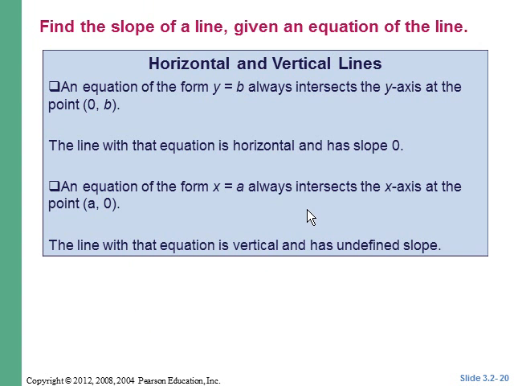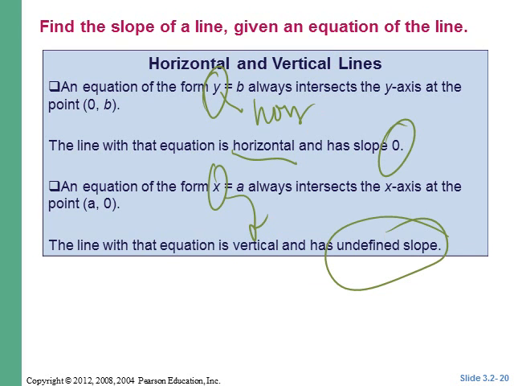So a horizontal line, an equation in which y equals something, intersects the y-axis at that point. So whenever y equals something, you have a horizontal line and has a slope of 0. If you have the equation x equals something, it's a vertical line and it has an undefined slope.